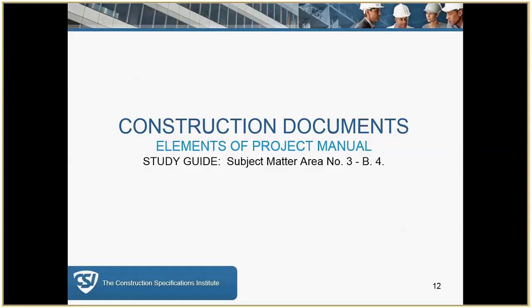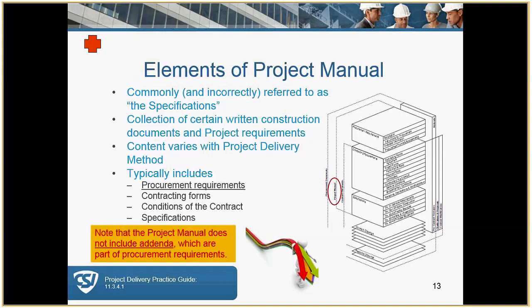So, the project manual, often mistakenly referred to as the spec book or the doorstop or the dust enhancement device, the project manual itself includes the following elements, okay? The procurement requirements, shaded here in blue, the contracting requirements again, and the specifications.